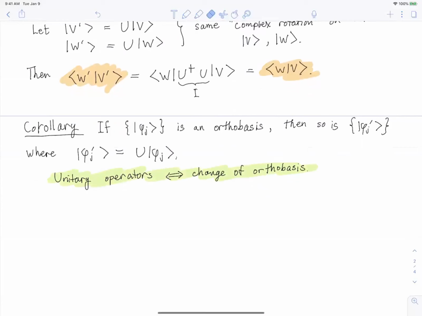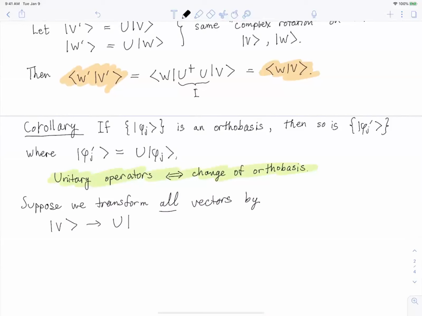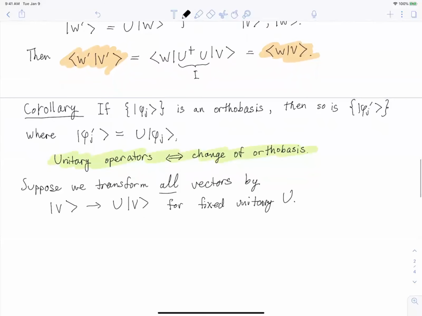So suppose we transform all vectors according to the rule that V is going to be replaced by the unitary operator acting on V, for a fixed unitary U. So what I've done is a transformation of my vectors.